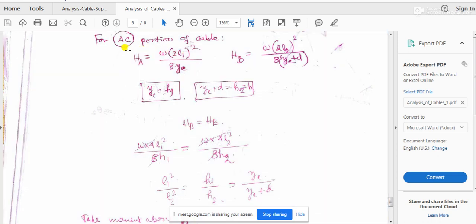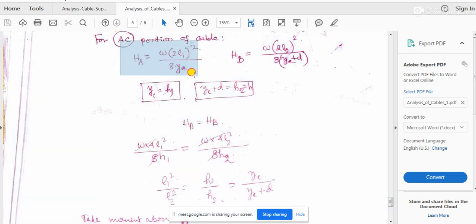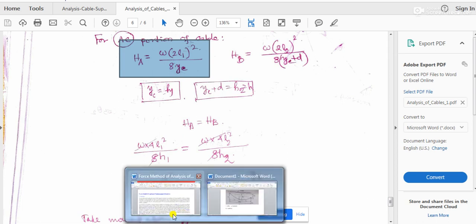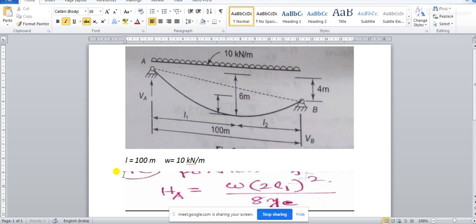I will not write it because it is taking too much time. I will copy and paste it from here. So this is your value of HA. Let's write it over here like that only. It is the value of your HA.